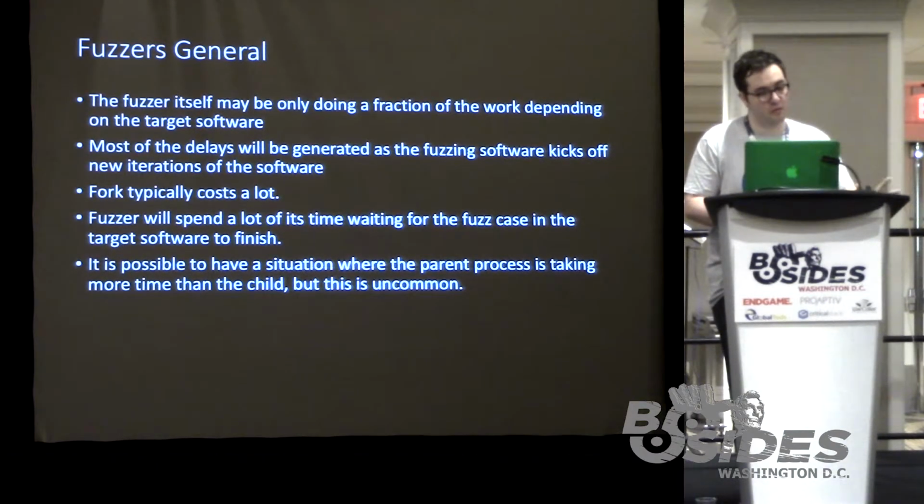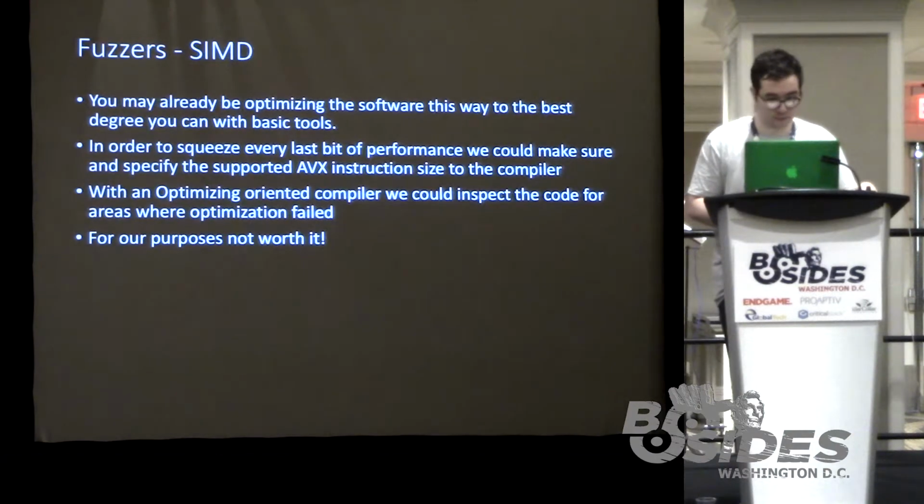Most of the delay is generated as the software kicks off new iterations of the target software. It's going to fork new processes. This is a big thing. If you've ever used AFL on Mac OS, this is horrible. The fuzzer will spend a lot of its time waiting for the fuzz case and the target software to finish. It's possible to have a situation where the parent process is taking more time than the child, but it's uncommon.